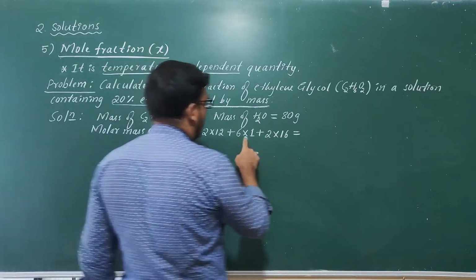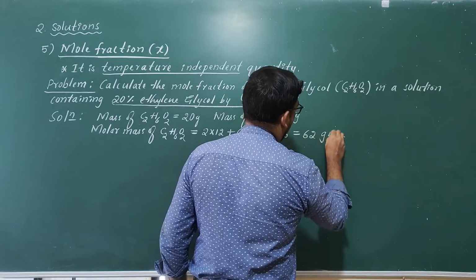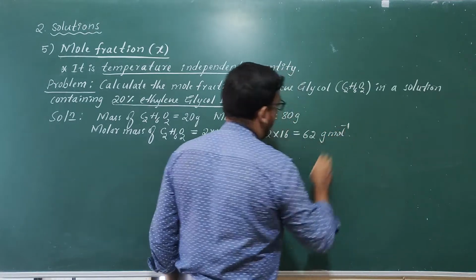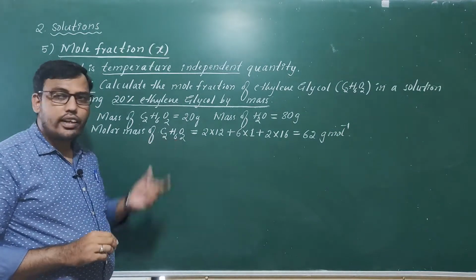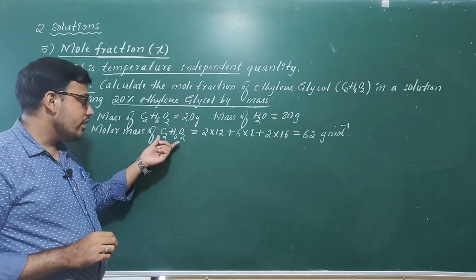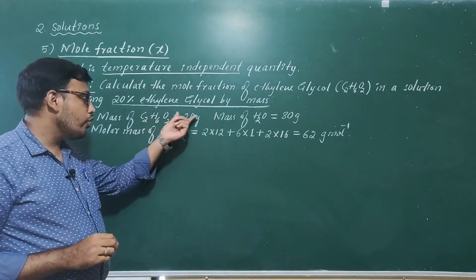So 24 plus 6 is 30, plus 32, that is 62 gram per mole. So this is the molar mass of ethylene glycol.